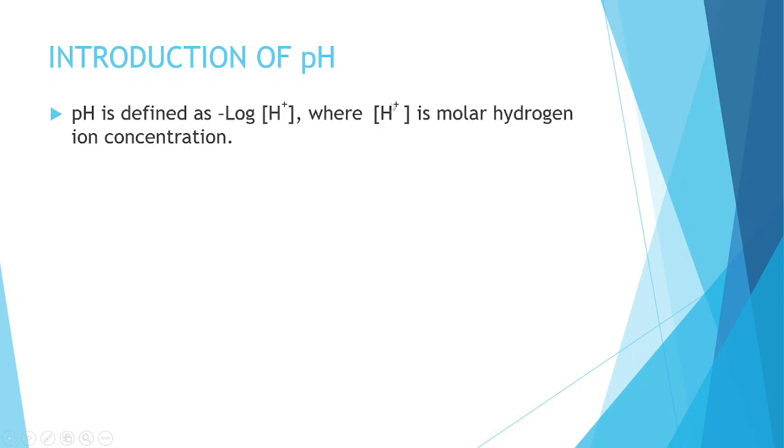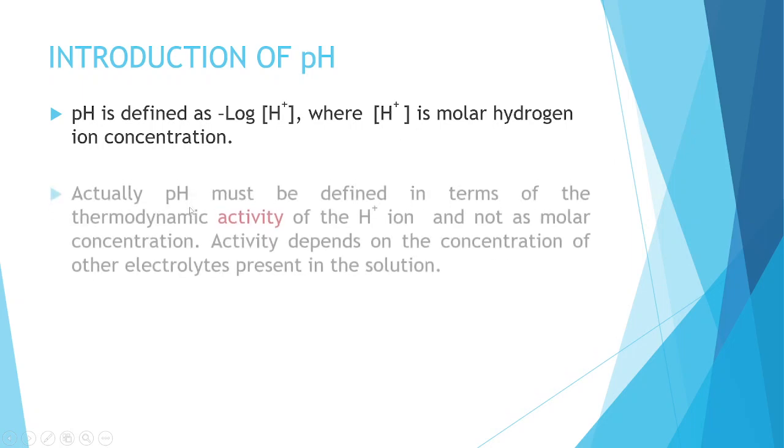Here H is given with positive sign, and this bracket is used to show the molar concentration of hydrogen. This is not specific for hydrogen. Molar concentration of any element or compound is shown within the brackets like this.